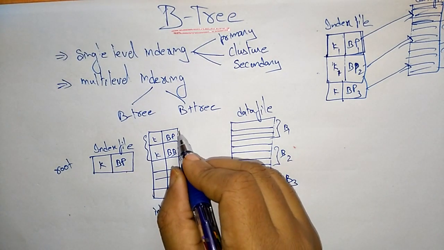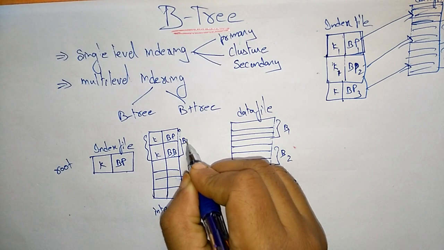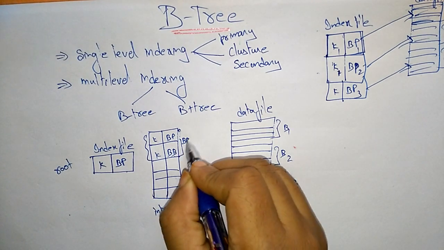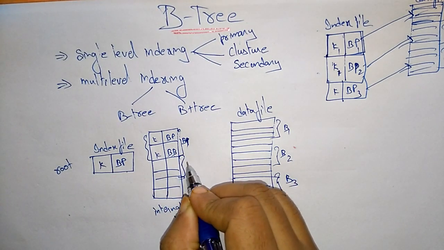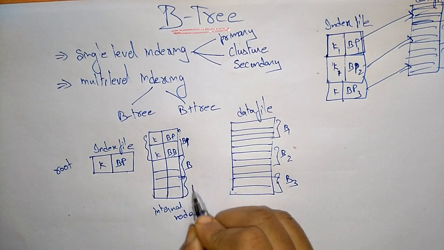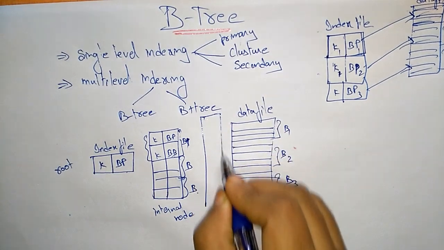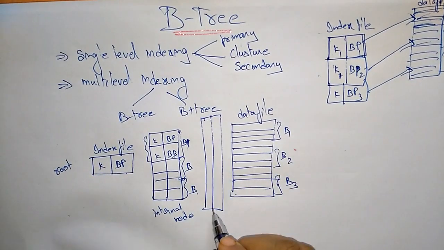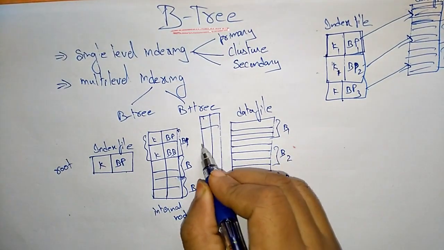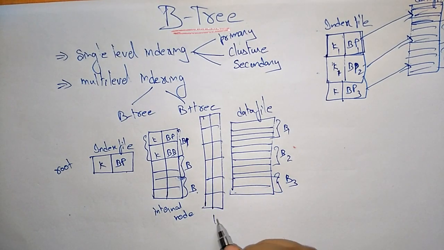These records will again be divided into blocks. Block 1, these two records come under one block. These two records come under another block. Again this communicates with another field that you call a leaf node.